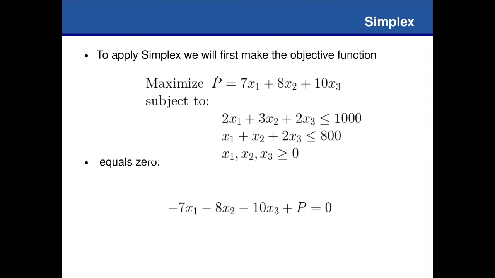You're going to see we define a p over here. That's necessary. That's the variable defining profit for us. So we are going to have minus 7x1, as shown here, minus 8x2, minus 10x3, plus p, which is my overall profit. Of course, that is going to be equal to 0.